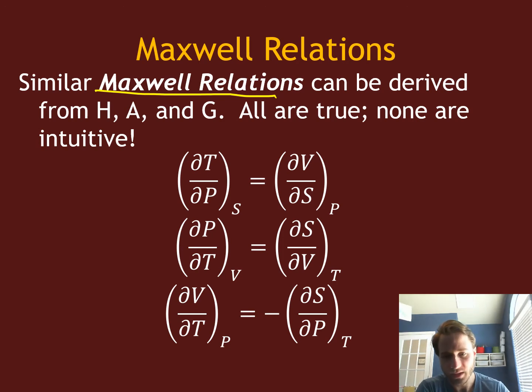Well, let's say I have some gas, and I'm curious, if I do an isothermal process, what is the change in entropy with respect to change in volume? But I can't really measure the entropy very well. Well, I know for that same gas that the change in entropy with respect to change in volume at constant temperature is related to its change in pressure with respect to change in temperature under constant volume conditions.